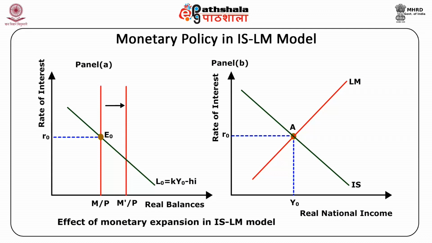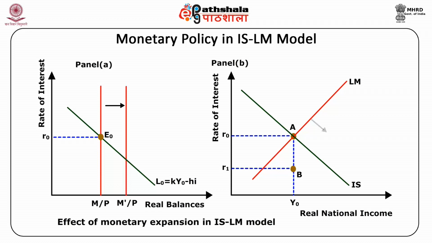At the original interest rate R0 or equilibrium point E0, there is excess money supply, which induces people not to hold the newly supplied money. Rather, they would prefer to hold non-money assets. In this process, the asset prices rise and their yield, that is the interest rate, falls. To restore equilibrium in the money market, at the income level Y0, the interest rate declines from R0 to R1.